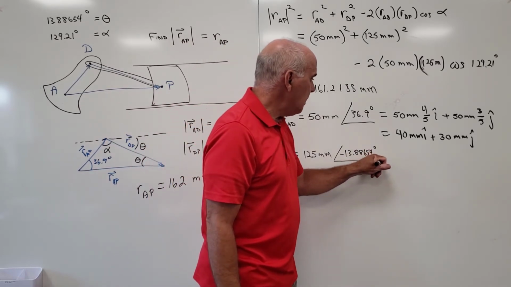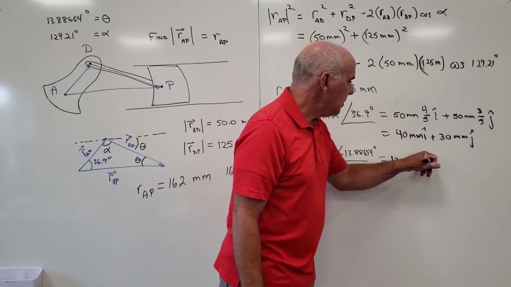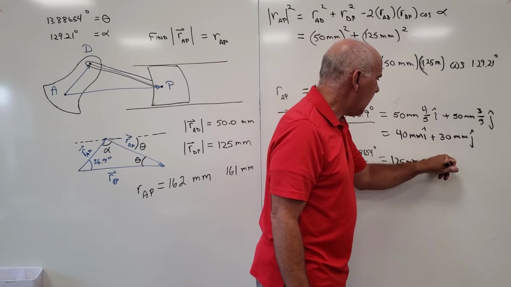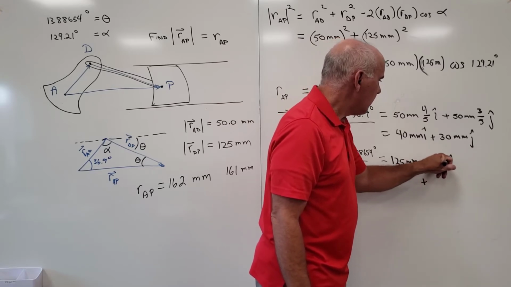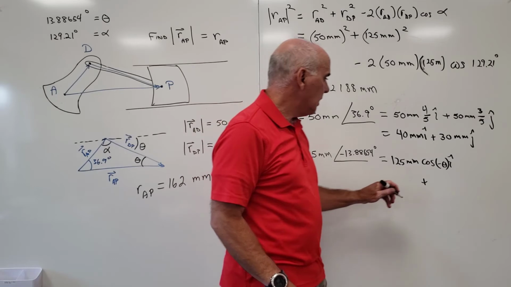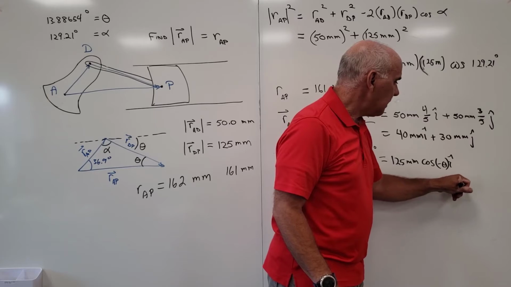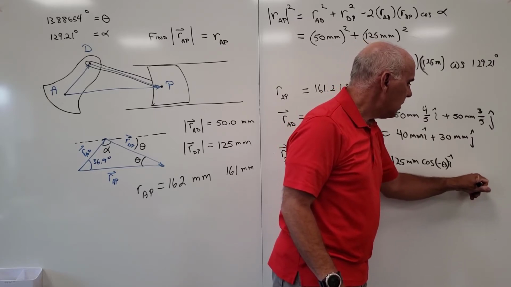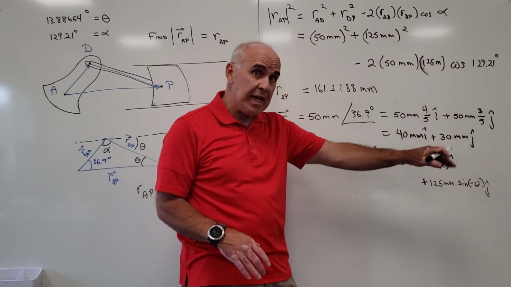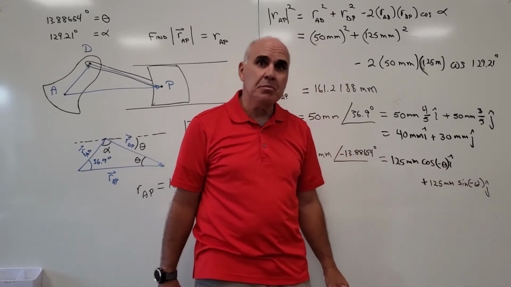So this is going to be 125 millimeters cosine of minus theta, i hat, because theta is a magnitude and we know it's pointing down, so it's negative, plus 125 millimeters sine of minus theta, j hat. Because theta is measured with respect to the positive x-axis, the x component will be cosine, and the y component will be sine.